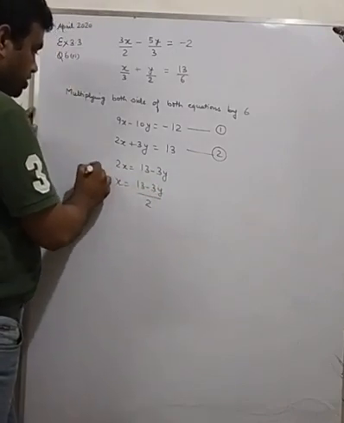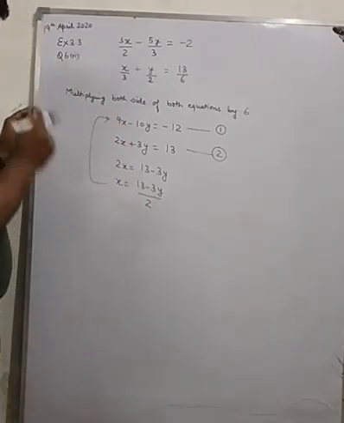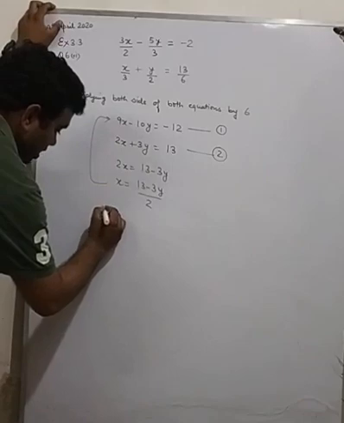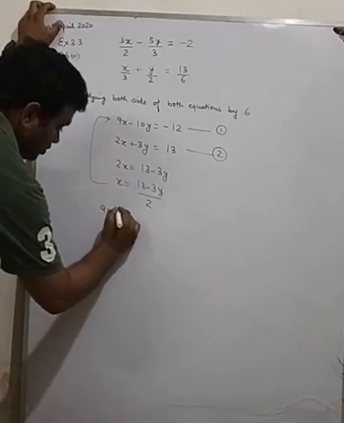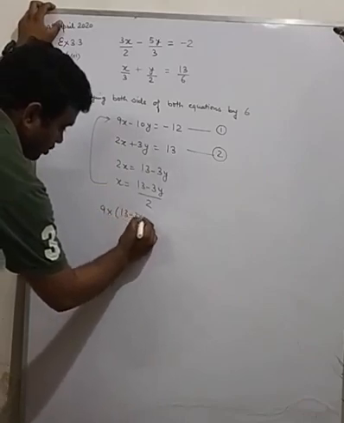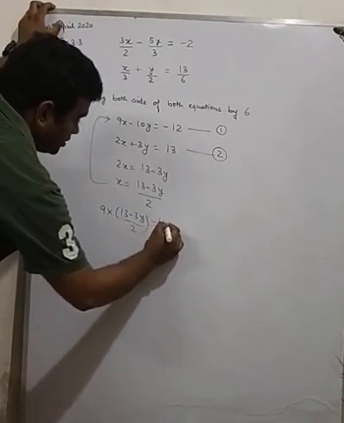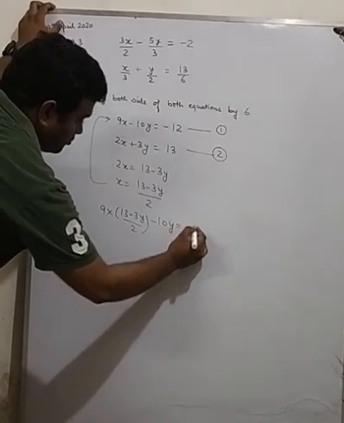I am going to put this value of x in equation 1. So this will be 9 into 13 minus 3y by 2 minus 10y is equal to minus 12.